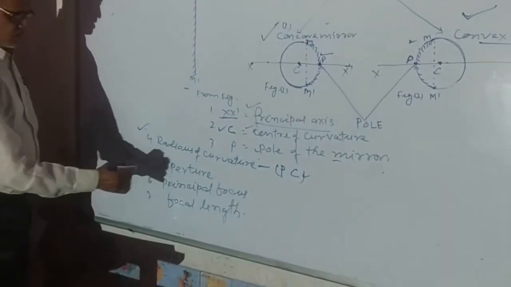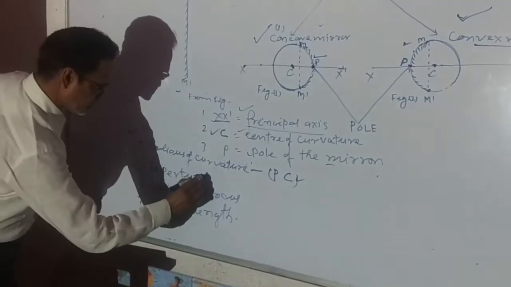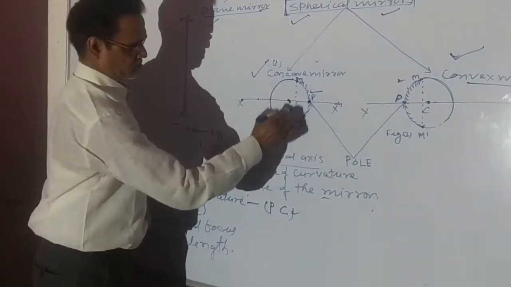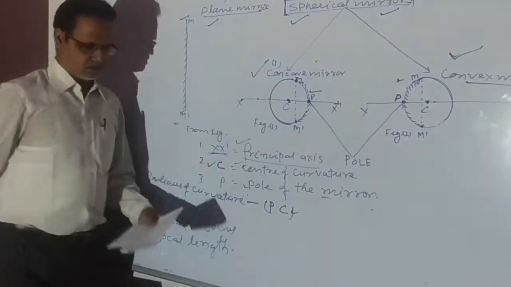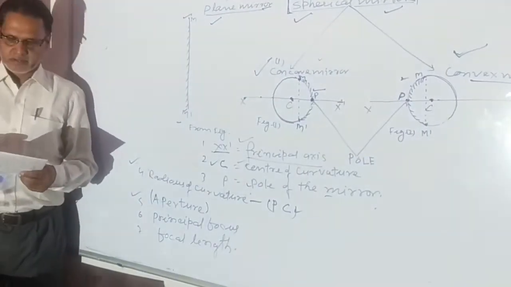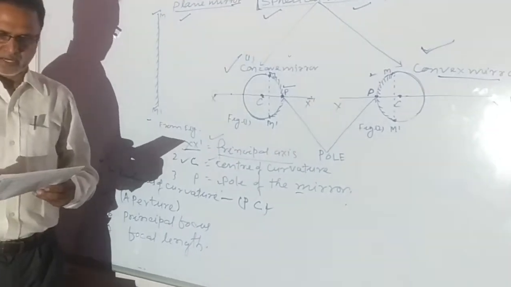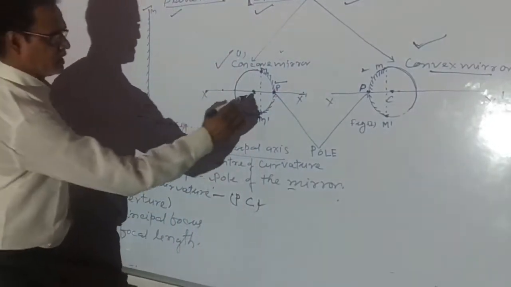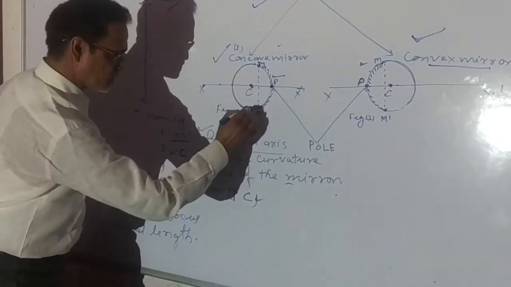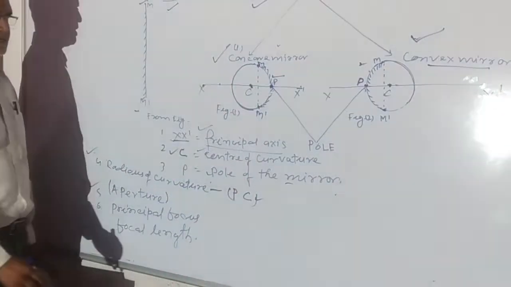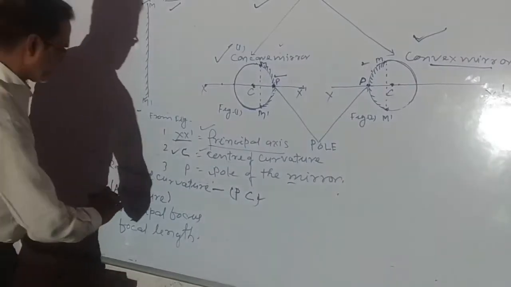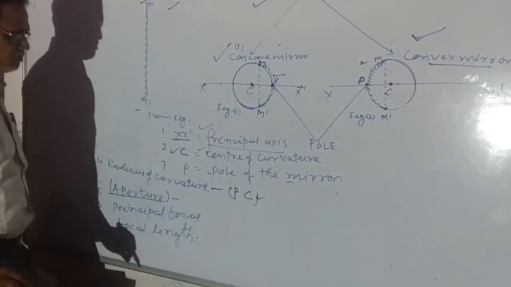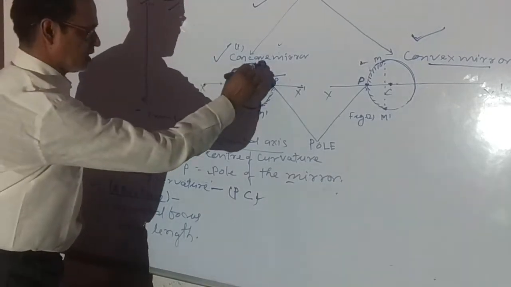Now aperture. अपर्चर क्या होता है? अपर्चर मीन्स होता है इसकी विड्थ. ओके. The diameter of the reflecting surface of the mirror is called aperture. ओके.